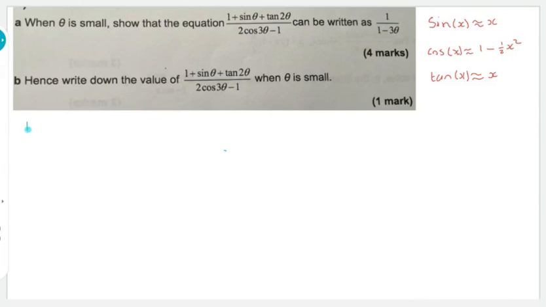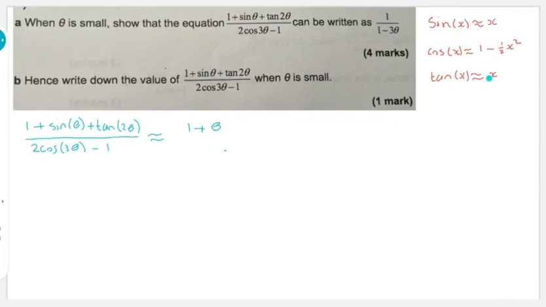So we have 1 plus sine theta plus tan of 2 theta, all divided by 2 cos of 3 theta minus 1. That's approximately equal to 1 plus, so sine of x approximately becomes x when the angle is really small, so theta is approximately theta.